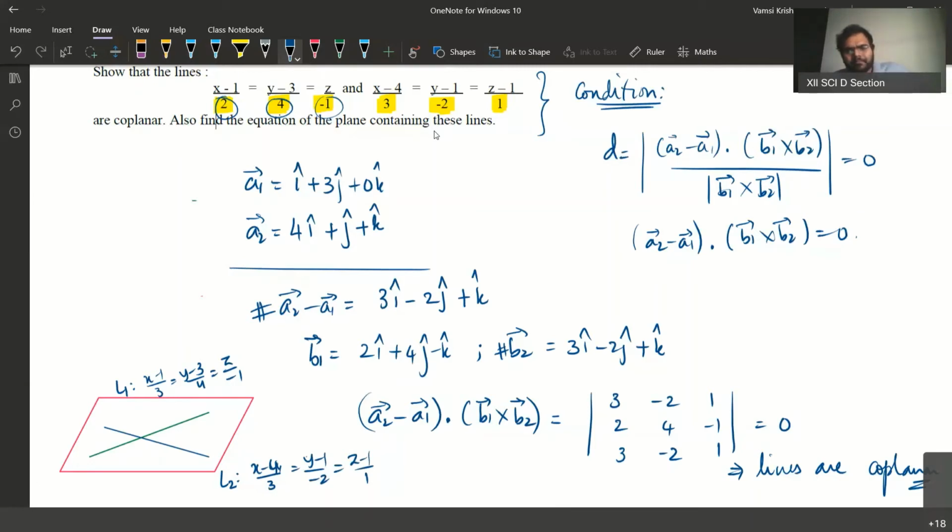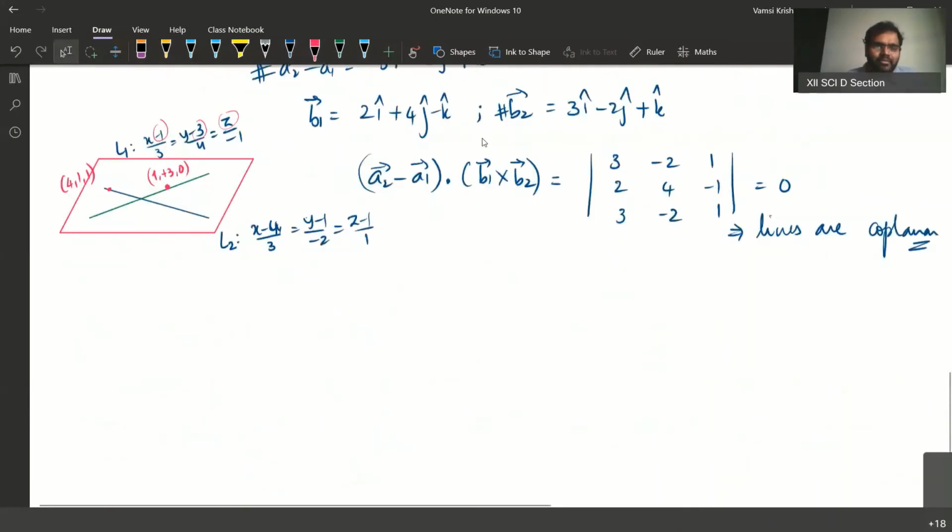It is clear that the first line passes through 1, 3 and 0, and the second line passes through some other point, which is 4, 1 and 1. Now, to write the equation of a plane, I need a point through which it passes.